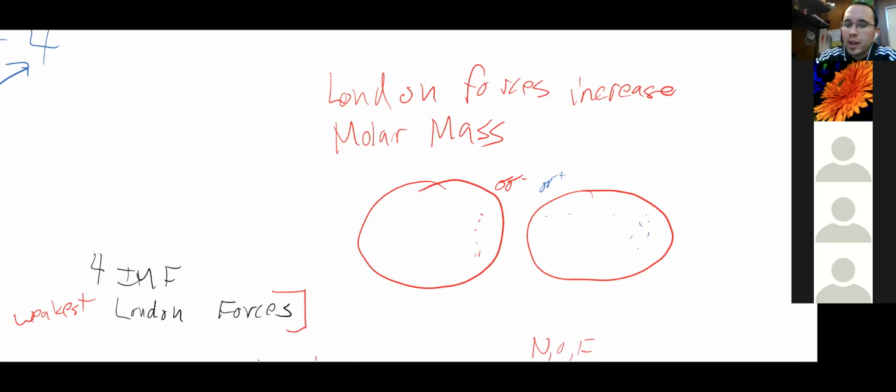Now, if you only have one electron, you could only ever get one electron over here on the right. If you have 100 electrons, then you can get a lot more charge to temporarily shift on one side compared to the other, right? So the more electrons you have, the bigger these swings could be. Because now, however unlikely it is, if you had 100 electrons, all 100 electrons could possibly be for a moment on one side of the atom, right?